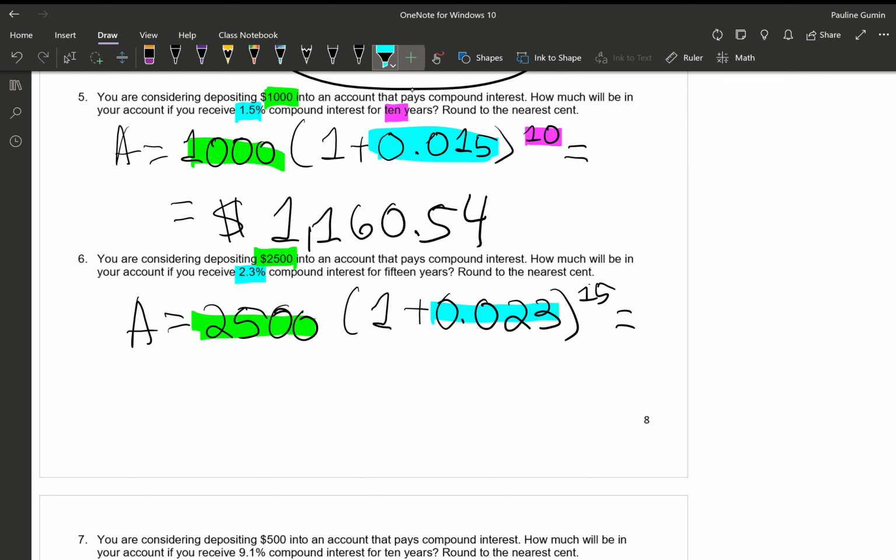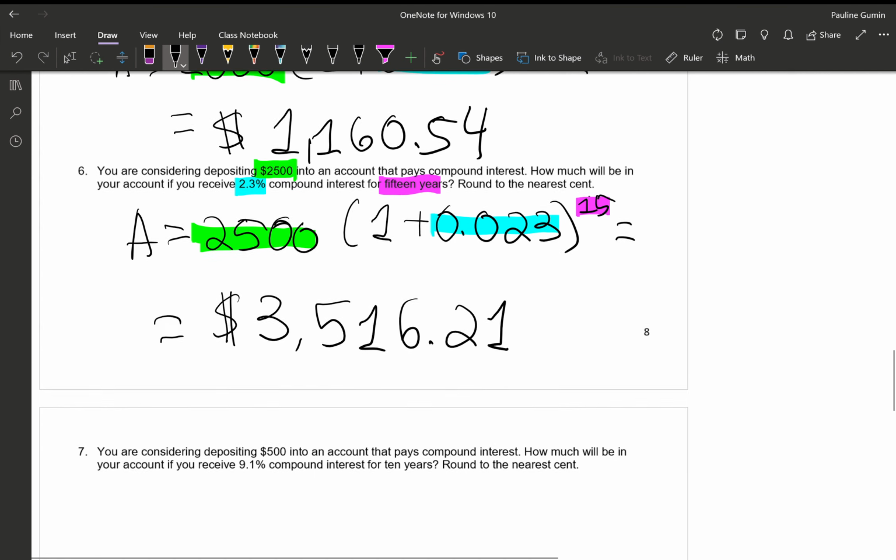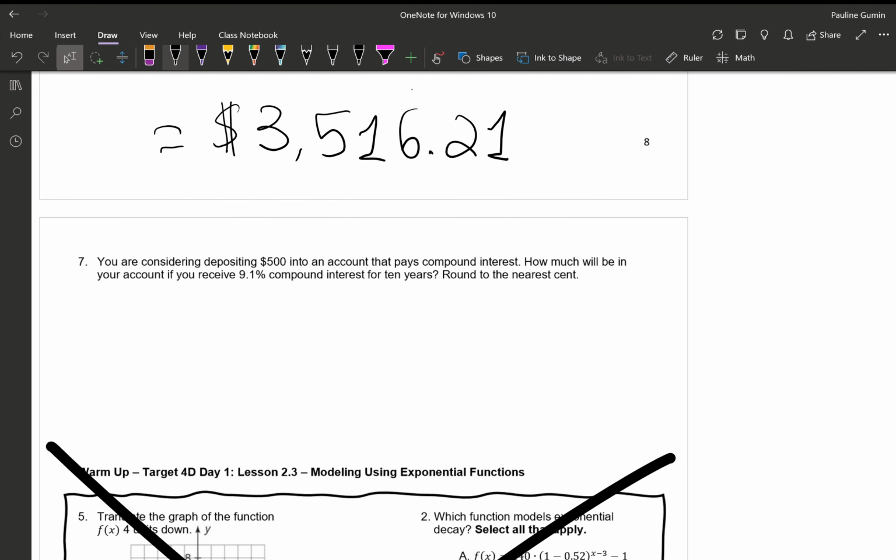But this is in the world of our imagination, so that's all fine and dandy. 15 years. Plug it into your calculator. We end up with $3,516.21. Whoops. No whoops. I don't know why I said whoops. And 21 cents. Okay? Not that much.